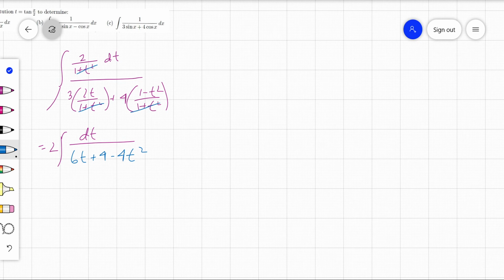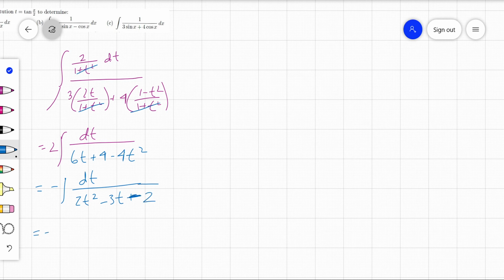Now, that's all divisible by 2, so I can pull a 2 out and it'll cancel with the 2 that's already there. The other thing I'm going to pull out is a negative because it's a negative t squared, which I don't particularly like. So I'm going to make it 2t squared minus 3t minus 2.